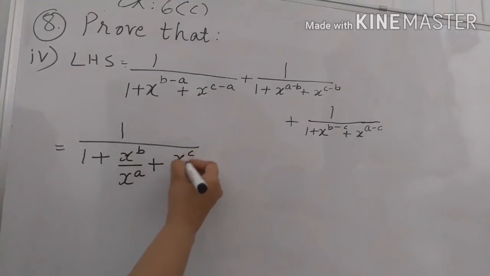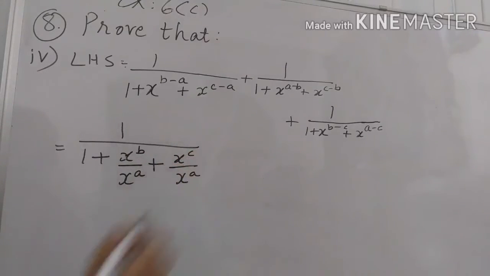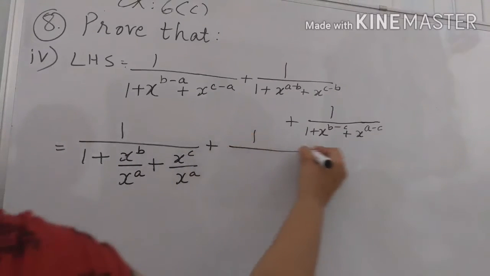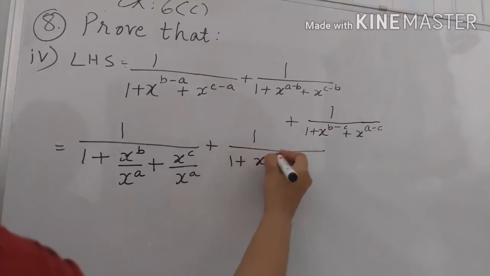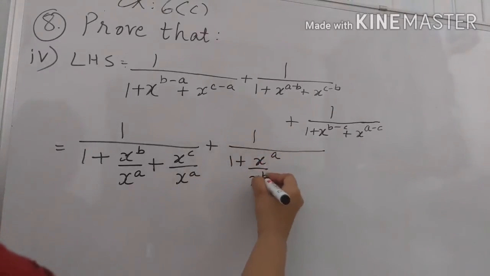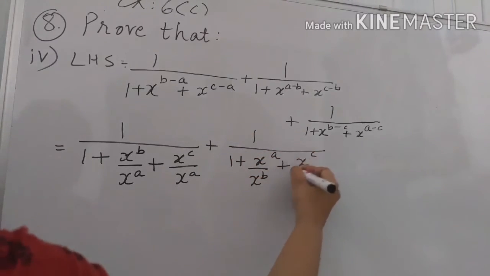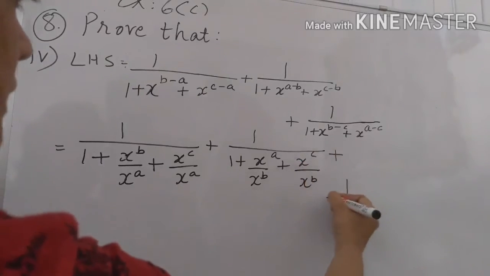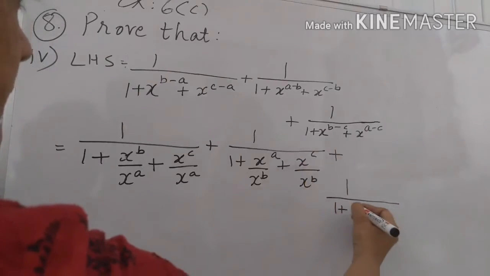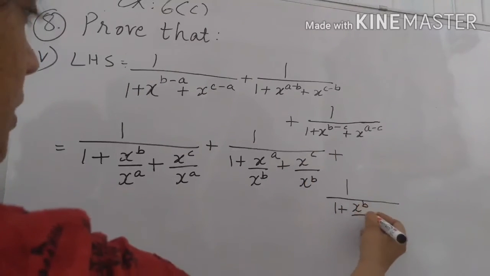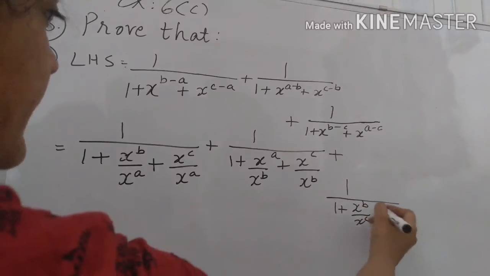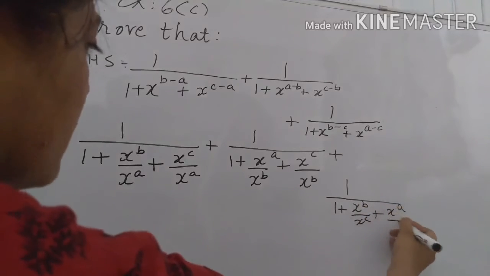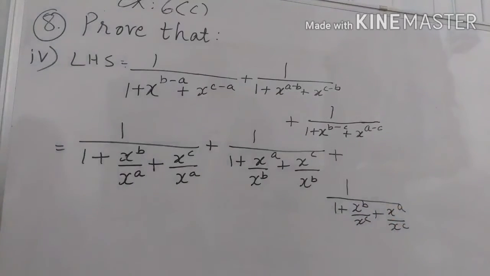So x raised to c up and x raised to a down, this way. And then next step, plus 1 upon 1 plus x raised to a upon x raised to b plus x raised to c upon x raised to b, plus the third step is 1 upon 1 plus x raised to b upon x raised to c plus x raised to a upon x raised to c. This way I have split all the terms.